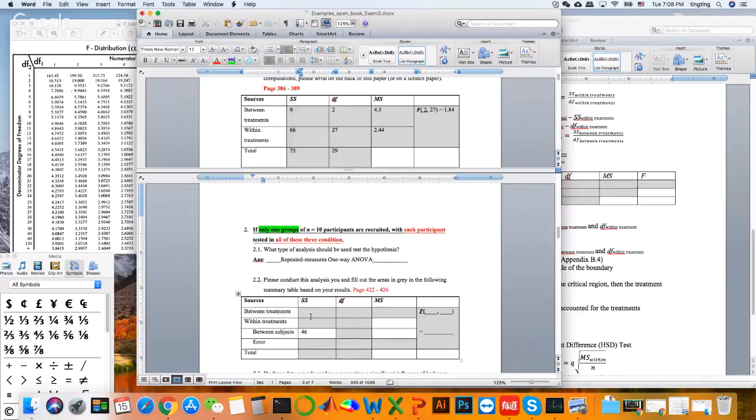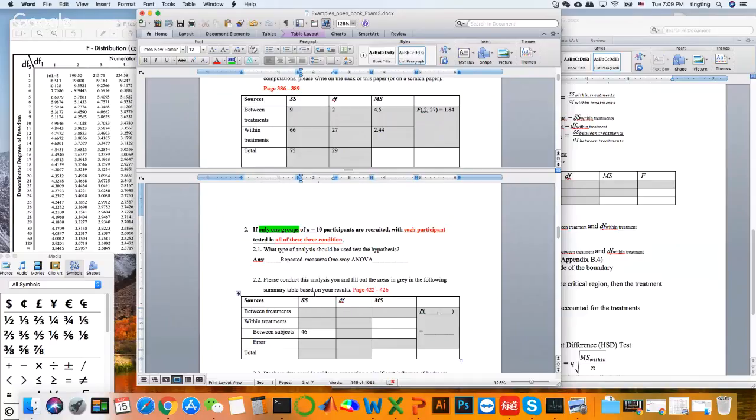The first stage of the repeated measures ANOVA is identical to the independent measures ANOVA. The second stage removes the between subject variance from the within treatment variance. The leftover is the error term, which is the denominator of the F ratio. So this is the basic logic for the repeated measures ANOVA.